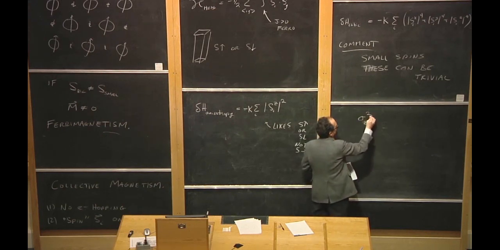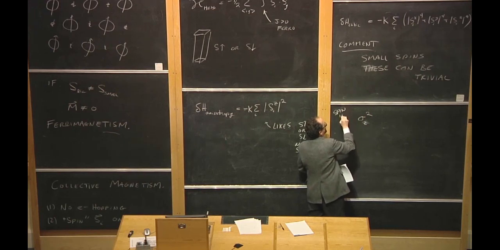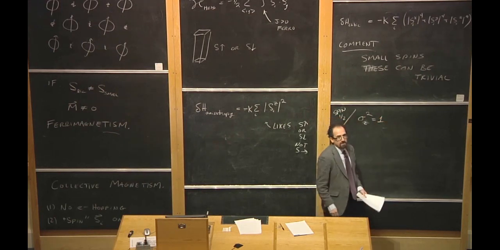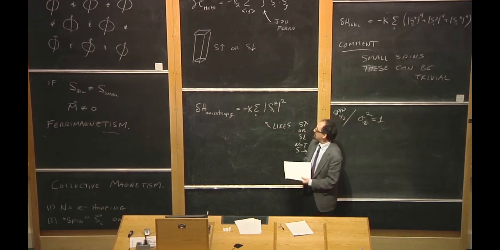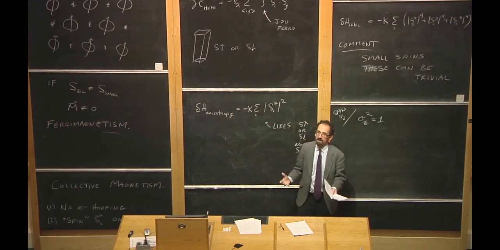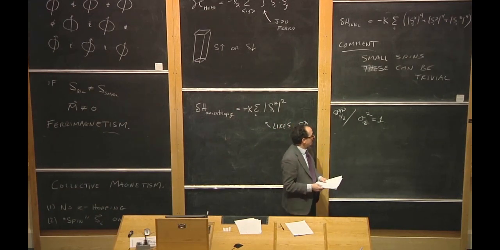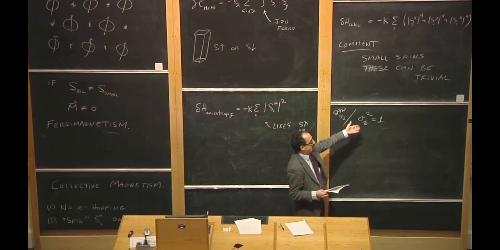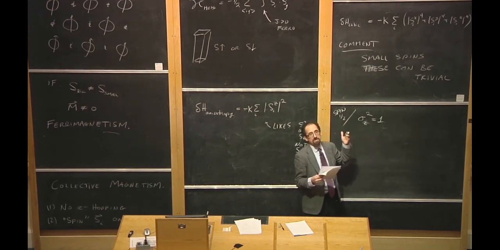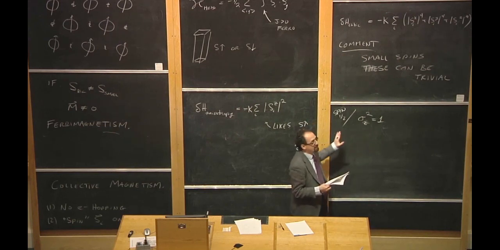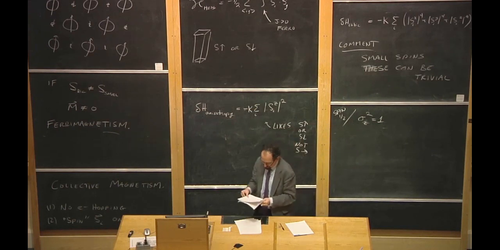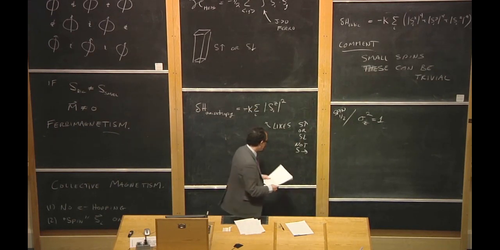If you square it, sigma z squared is just 1. It's a very uninteresting operator. It just gives you a constant. So if you tried to write down a term like this for a spin 1/2 spin, it would do nothing. It wouldn't specify which direction the spin wants to point in. However, if you did it for a spin 2 or spin 3, there would be an analogous spin matrix which does not square to 1 and becomes non-trivial. So that's just something to be warned about. You can't write down anisotropy terms for small enough spins. Okay? All right.